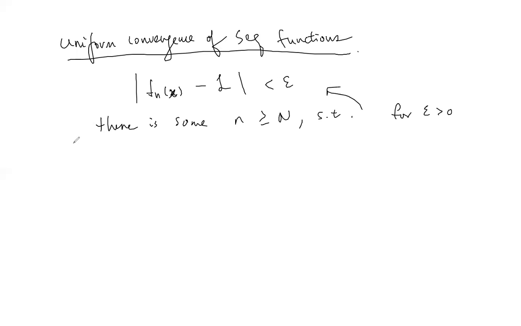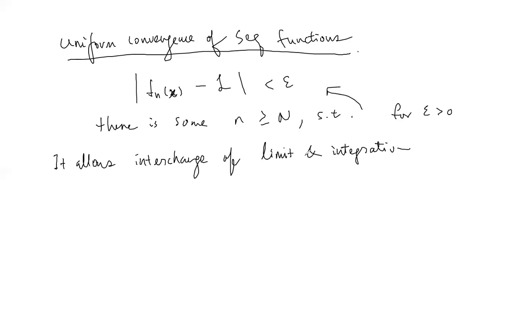Uniform convergence has some interesting properties that you can refer back to the notes. But the most important one is that it allows interchange of limit and integration. It allows the interchange of these two operations.